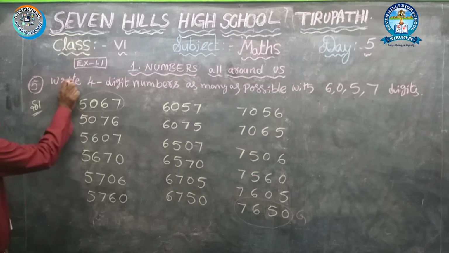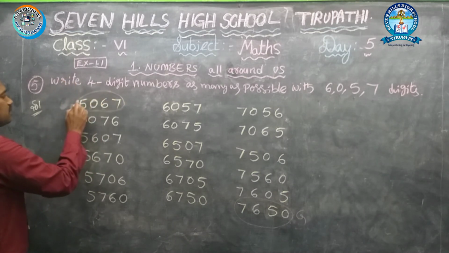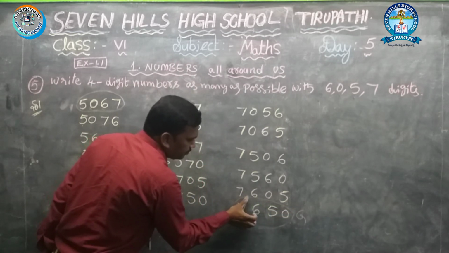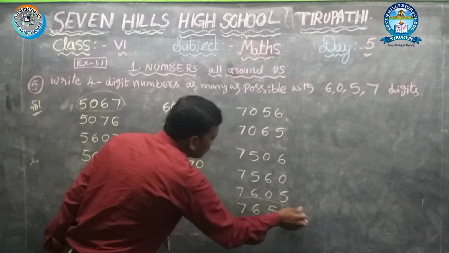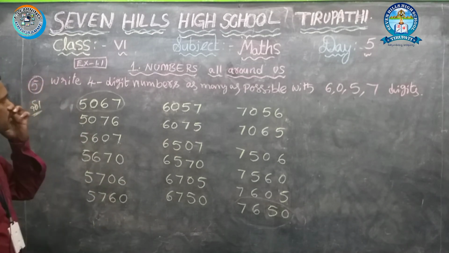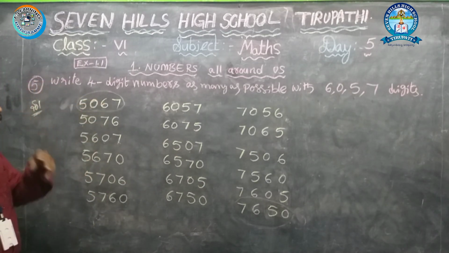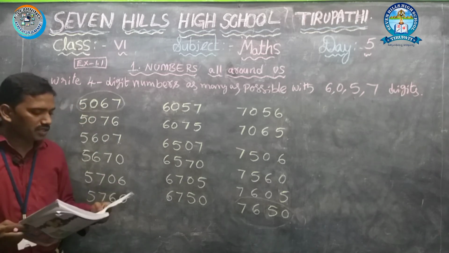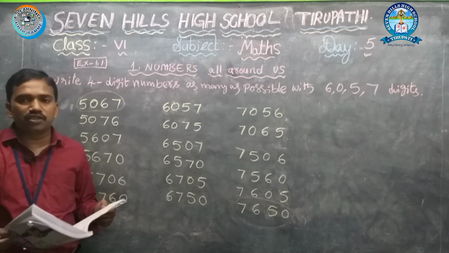So you don't write that, just remember it in your mind. So this is the answer to the fifth question: write the 4-digit numbers as many as possible with the digits 6057. Now okay students, we will continue in the next class.